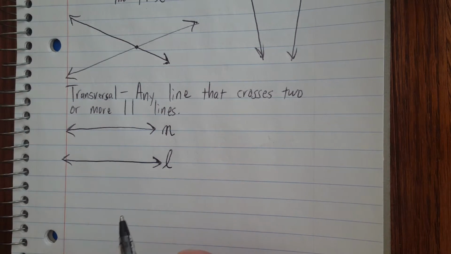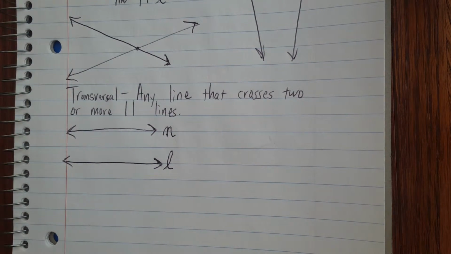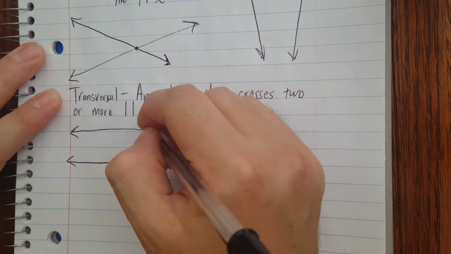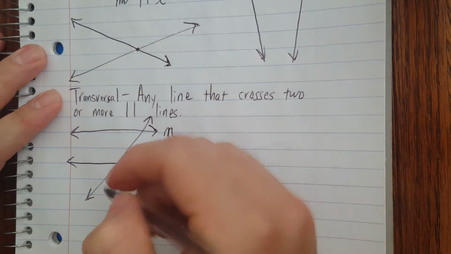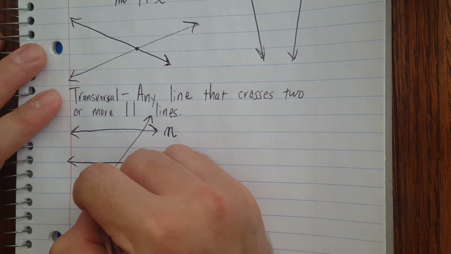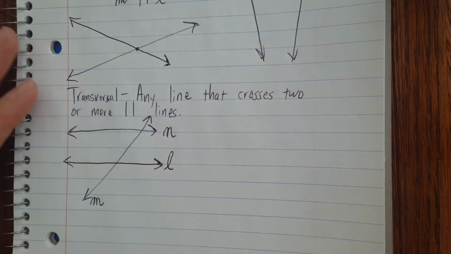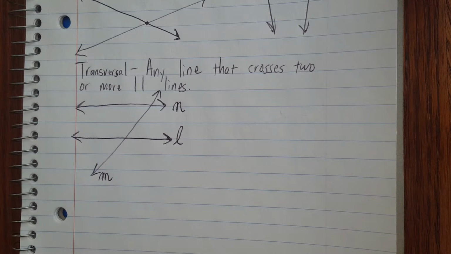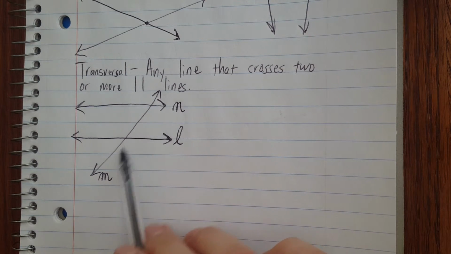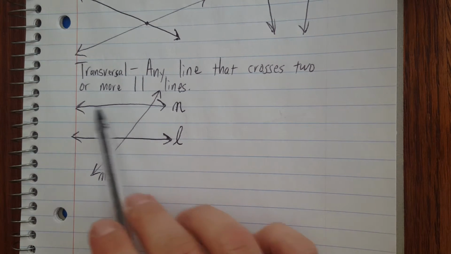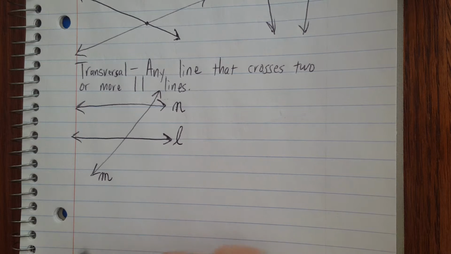I know that the way I've drawn them is terrible, but let's just say we're given, yes, these are parallel. Any transversal could be just any other line going through it like that. So here's another line. We'll call it line M. We'll stay with the cursive theme, because my writing sometimes is really bad. Anyway, so this line M is the transversal cutting these two parallel lines.